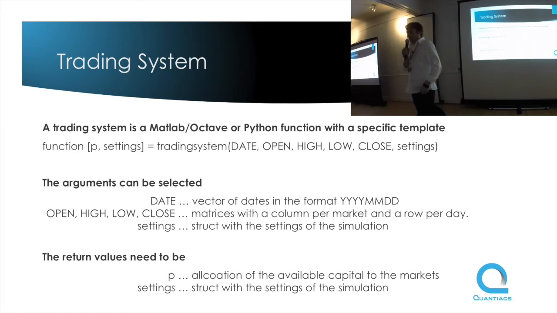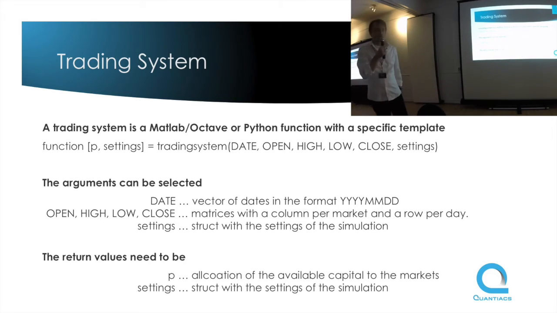Okay. A trading system. This is what we're going to build in a couple of minutes. It is for us always a Python or MATLAB function with a well-defined function template, where you can define the variables that you want to use for your computations. In our case, this is just the market data at the moment.